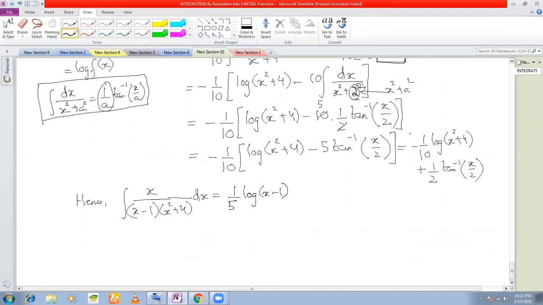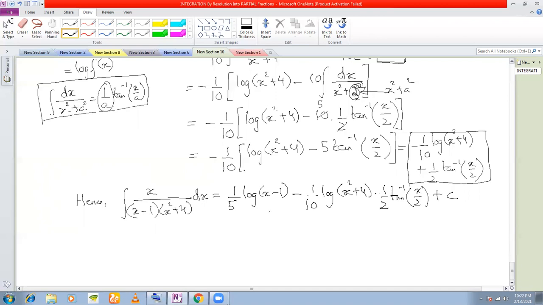And what is the value of I that we have got here? Put it here: minus 1 by 10 log of x square plus 4 minus half tan inverse x by 2, and you give a constant of integration plus c. Clear with this problem?